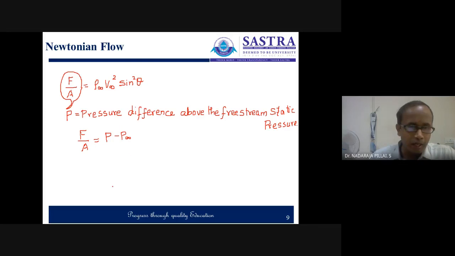Now we can arrive at a simple solution, right? Say, for example, we have some approximation and we can write P minus P infinity equal to rho infinity V infinity square sine square theta.